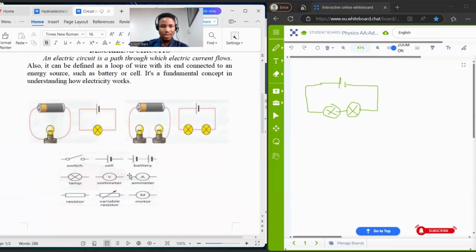Now, let's have all these in one circuit. I want to explain how we can have all these in one circuit. I told you this is a battery and this is a cell. So we have a battery here.